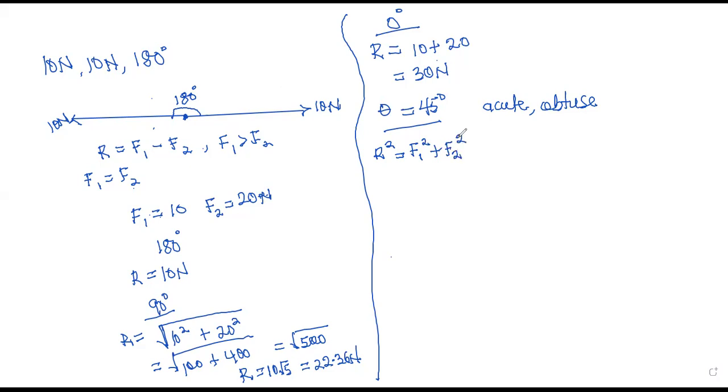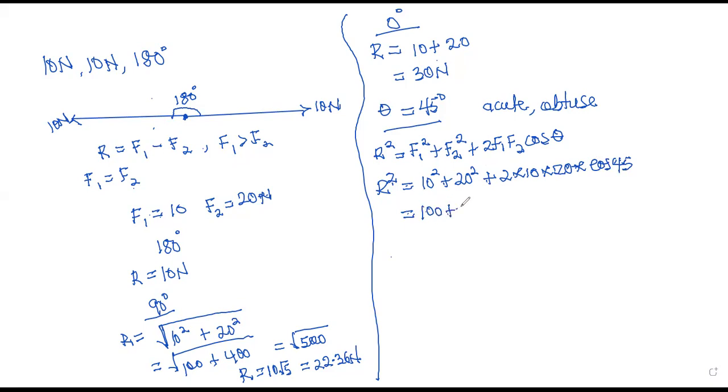f2 squared plus 2 f1 f2 times the cosine of the angle between them. So R squared here would be equal to 10 squared plus 20 squared plus 2 times 10 times 20 times cos 45. 100 plus 400 plus, cos 45 is root 2 on 2.